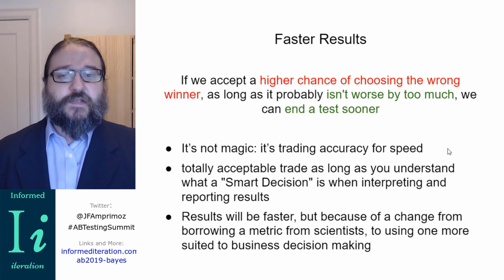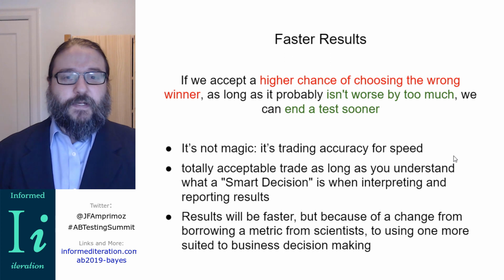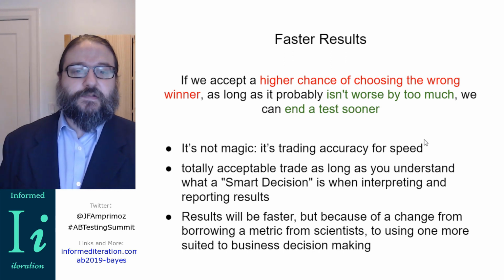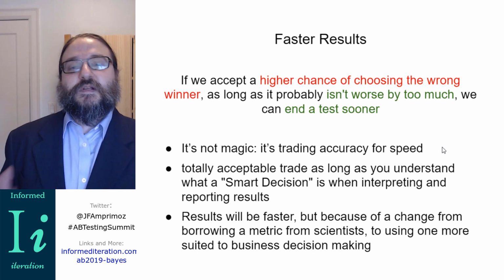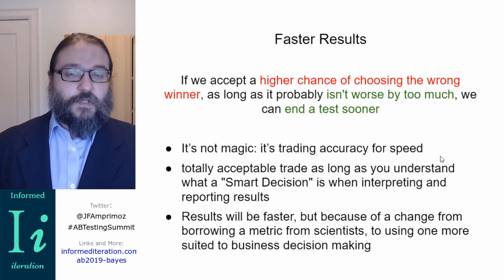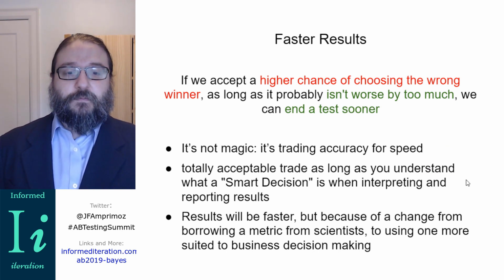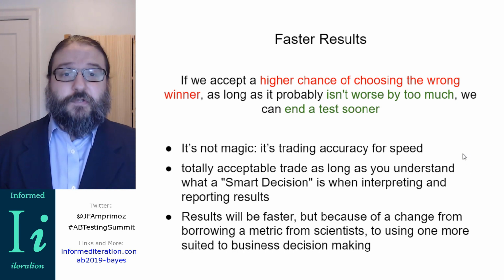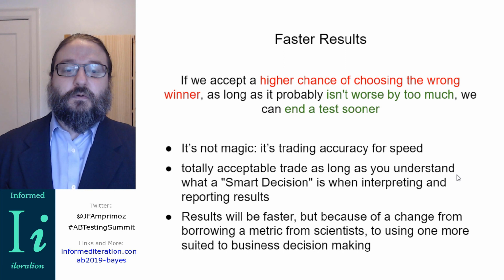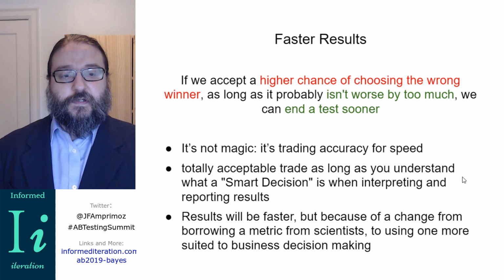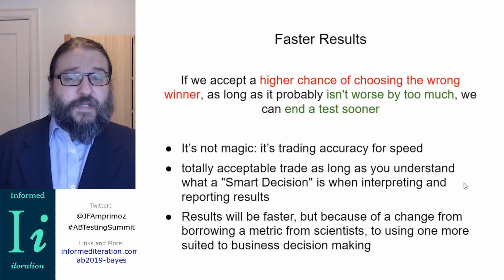So yeah, this is faster, and it's automated, and it's a lot nicer than you looking at it and calculating it every day or whatnot. But it's not magic. It's trading a little bit of accuracy for speed, and that's okay as long as when you look at your results, you've read your docs and you know what a smart decision is and how to interpret that.